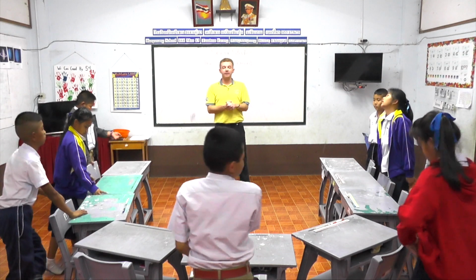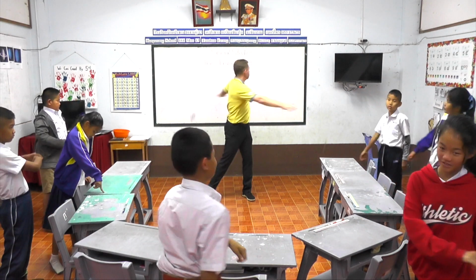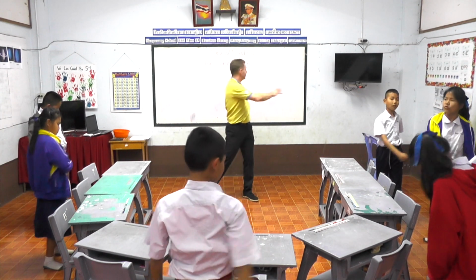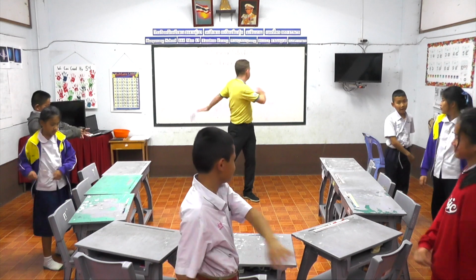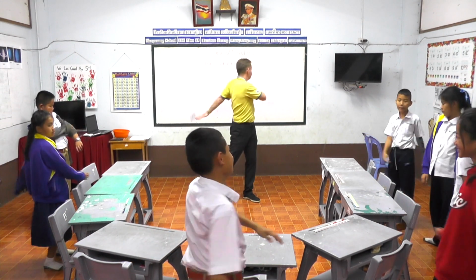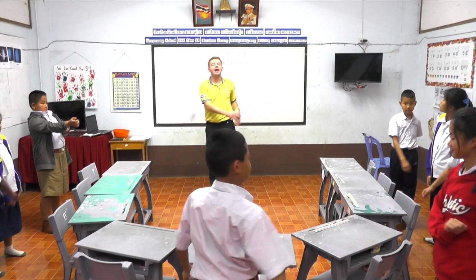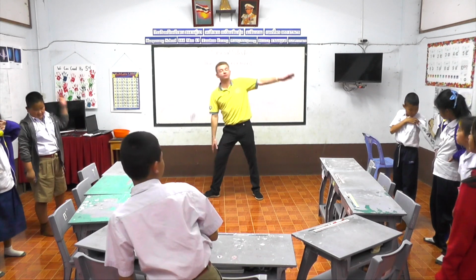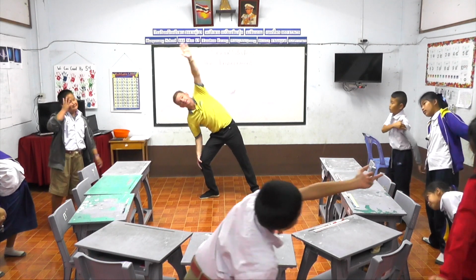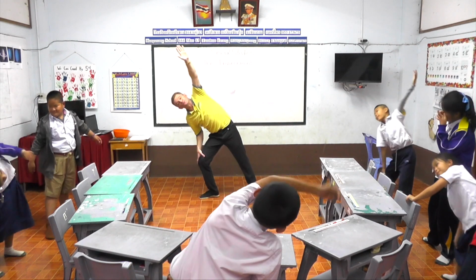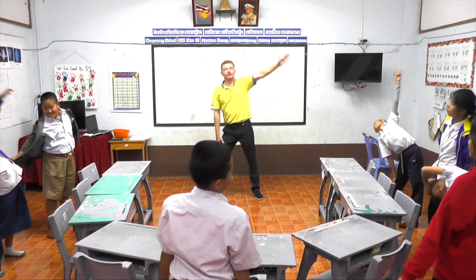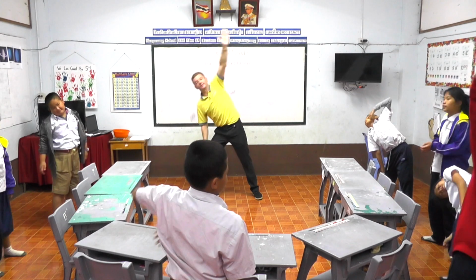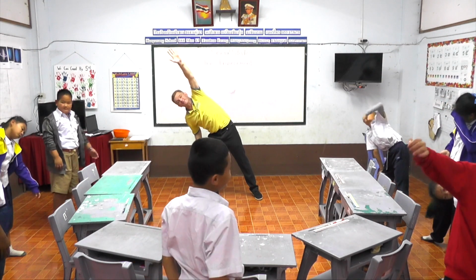And for this sequence, we'll begin with some rotations. Left, right, left, right, left, right, left, right, left, right. Excellent, guys. And now we can do some stretches. Let's do 5 stretches to our right. 1, 2, 3, 4, 5.